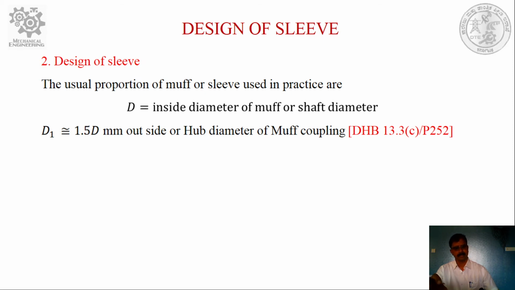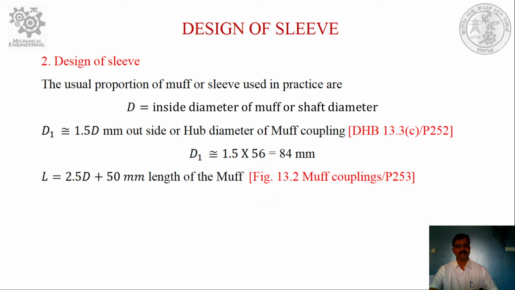This empirical relation is taken from the data handbook, equation number 13.3 C, page number 252. And D1 is calculated by substituting the standard diameter 56 here, which gives the outside diameter of hub.